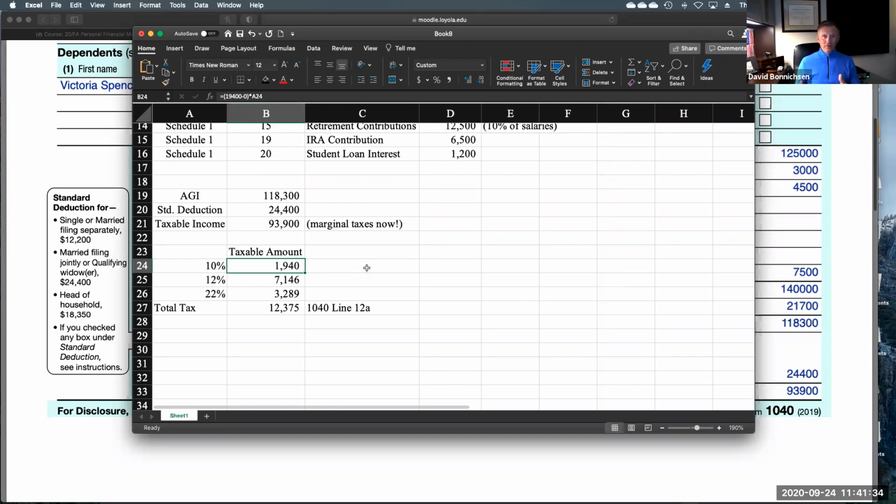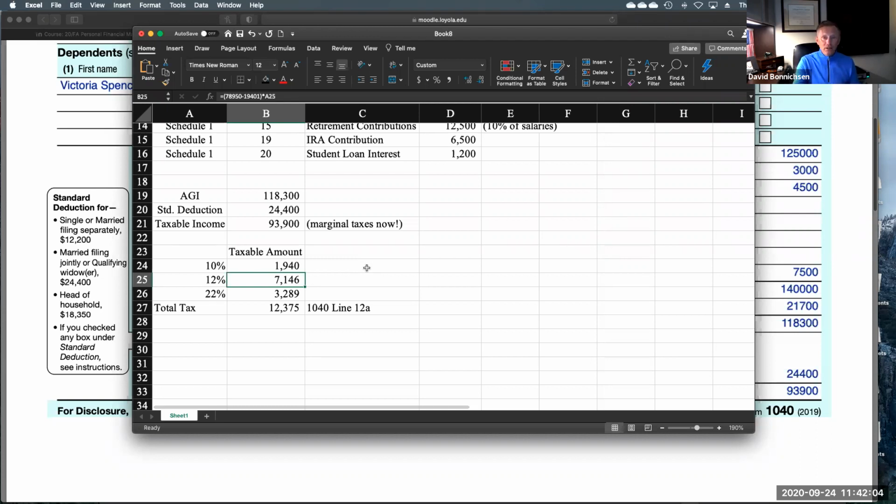So 19,400 minus 0 times 10% gives us our first layer of tax of 1,940. We get the full impact of the tax within the 12% tax bracket. So the range there is 19,401 to 78,950. We're taxed on that entire difference at 12%. So when we do that math, the tax in layer 2 is 7,146.